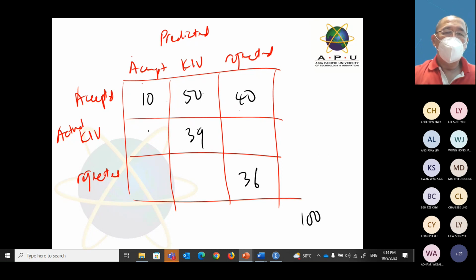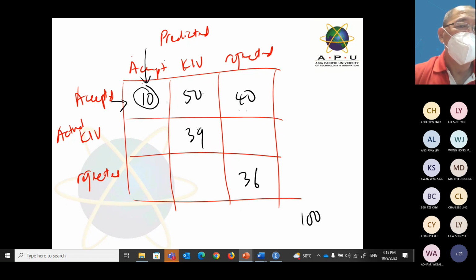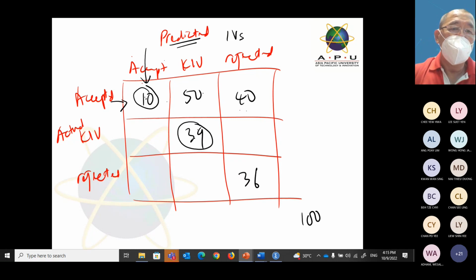I think now we can see one by one. This means correct: we correctly predicted. We predicted that the candidate is accepted, and actually also accepted, predicted based on the independent variables. Therefore this 10 means accurate. And 39, we predicted KIV, actually also KIV, means correct.